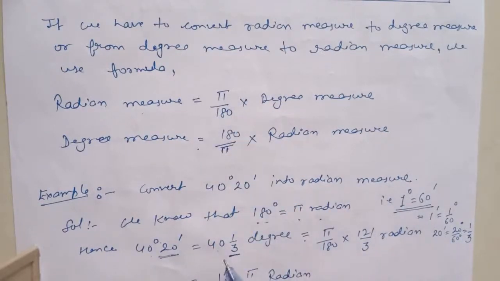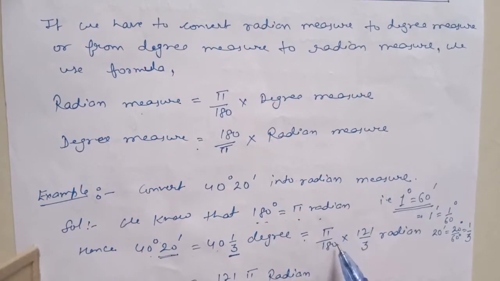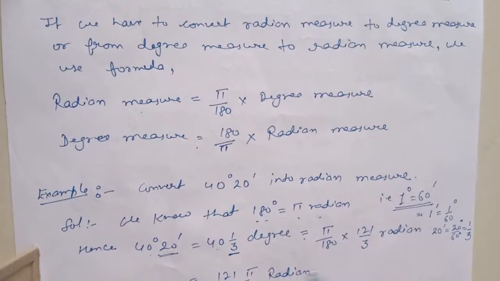Therefore, multiplying this by pi upon 180, now 40 into 3 is 120 plus 1, that is 121 upon 3 radian.